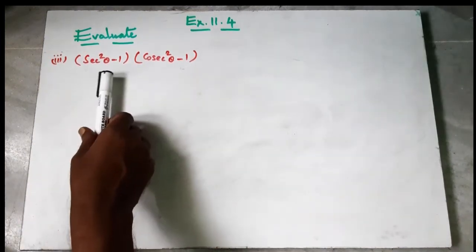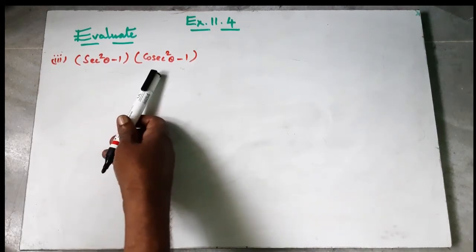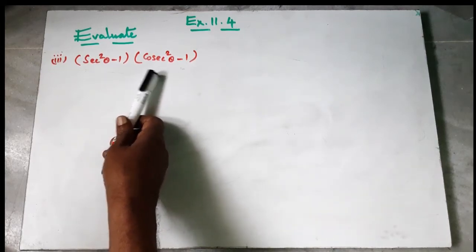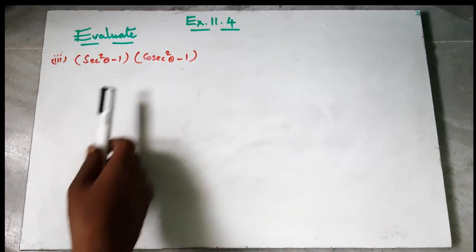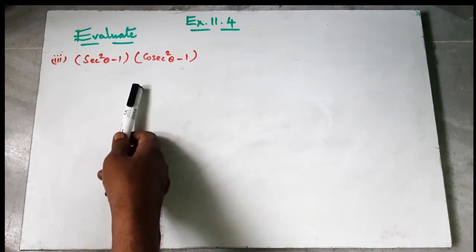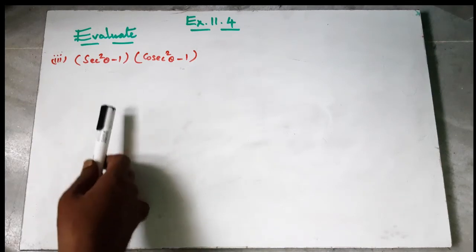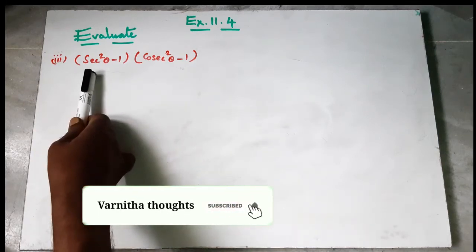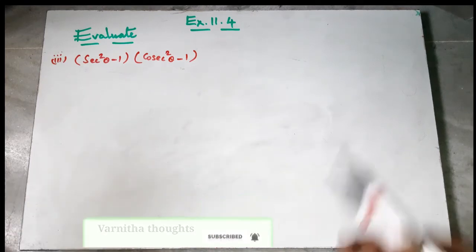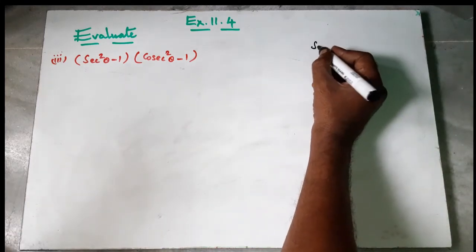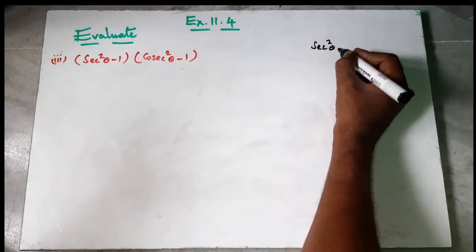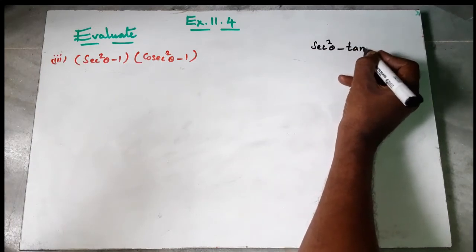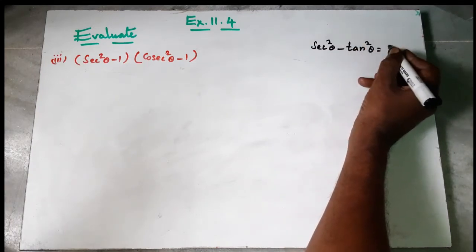Now sec square theta minus 1 into cosec square theta minus 1. Here also, to solve this problem, again we should use the trigonometric identities. If you look at this problem, sec means we have the identity sec square theta minus tan square theta is equal to 1.